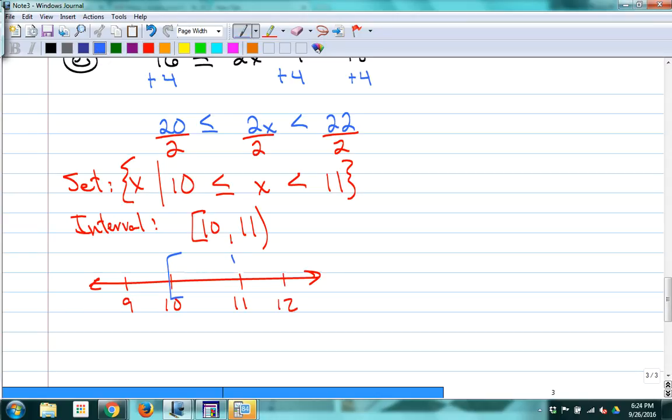Bracket on the 10, parenthesis on the 11. Darken those in a little bit. And then line in the middle. Looks like a lot of numbers in there. There are. Maybe not as many as some of the others we've done.